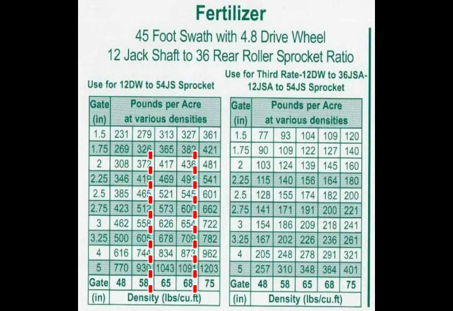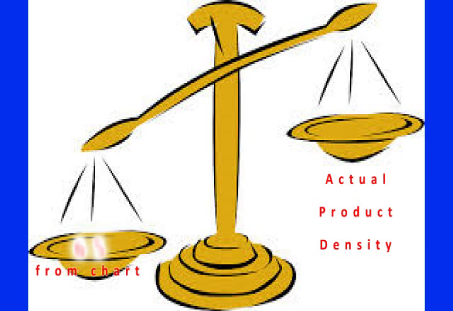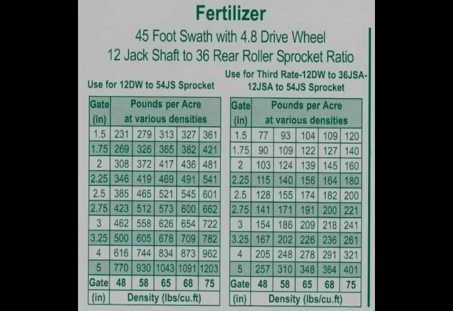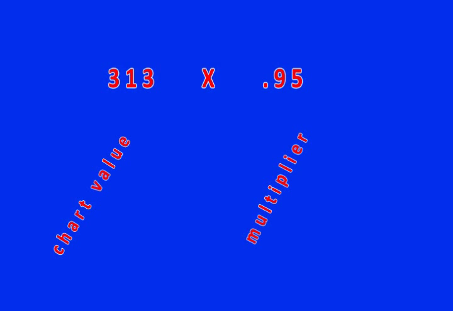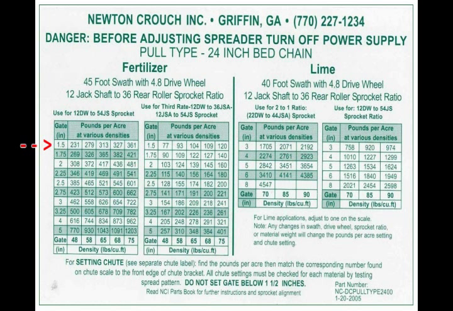Multiply 0.95 times any number in the 65 column. That is how much 62-pound product you will be putting out at that gate setting. If we multiply 313 by 0.95, our new rate is 297 pounds per acre at a density of 62 pounds per cubic foot for a 1.5-inch gate and a 45-foot swath.